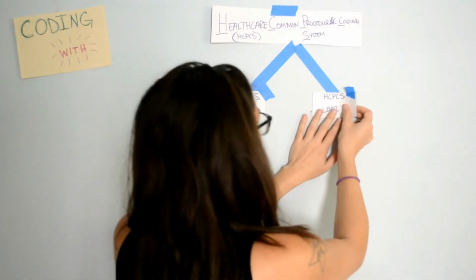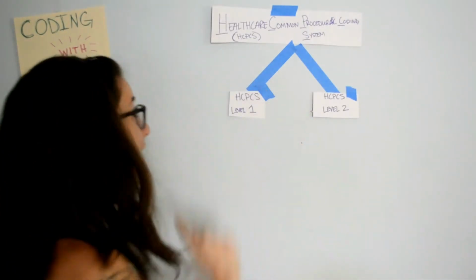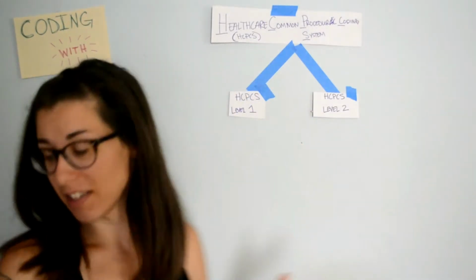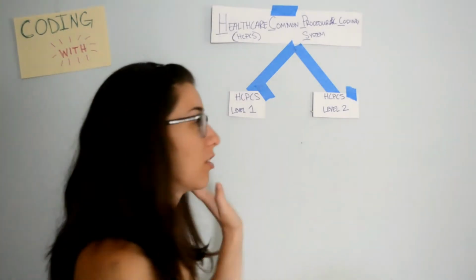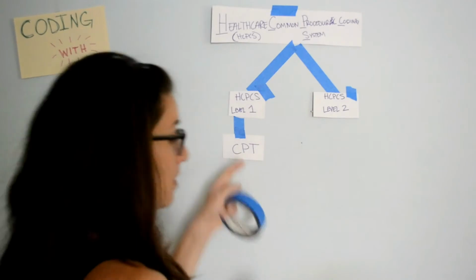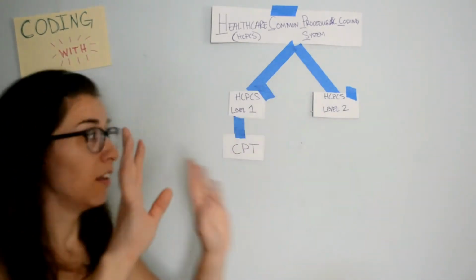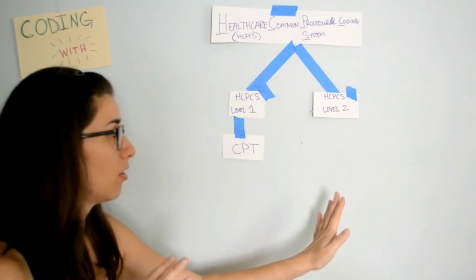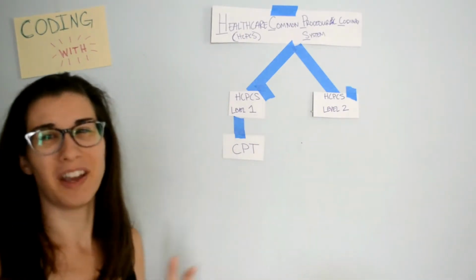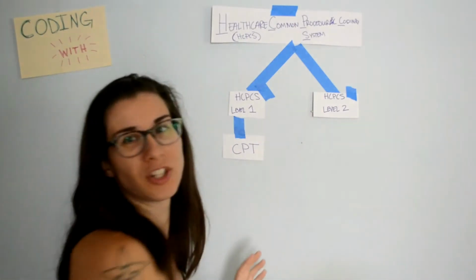HCPCS level 2. Now, HCPCS level 1 is essentially CPT. Common Procedural Terminology. CPT. HCPCS level 2, we'll get to that because I know that there's no really subdivisions on that one.